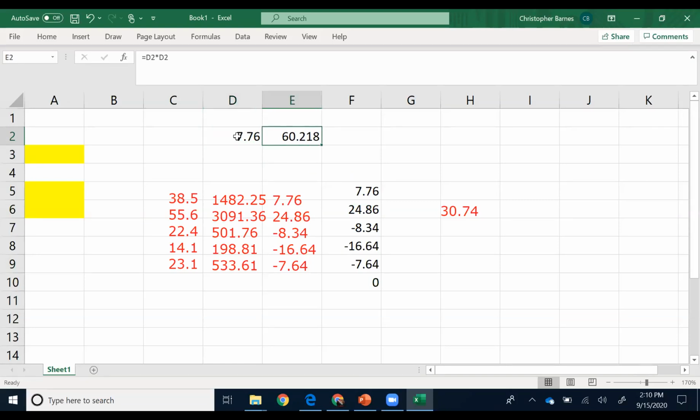So the number that we need first in chat is going to be 60.218. Wait, so you want me to type 60.218 in chat? Yep. Okay, now immediately following that, we're going to type in the next one, 24.86.